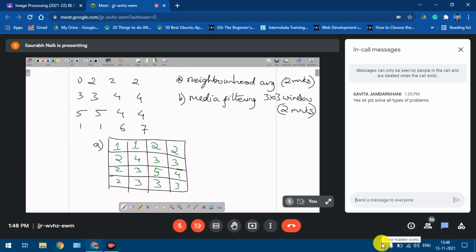Okay, so for neighborhood averaging, you will get the output as this. Just check if you're getting the same thing or if I have made any mistake.